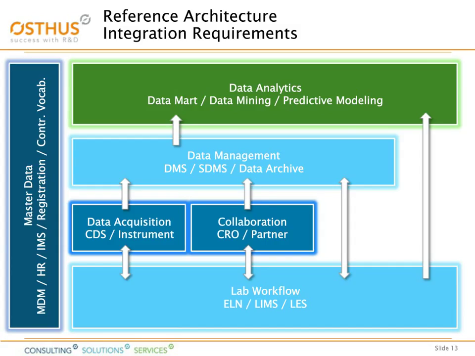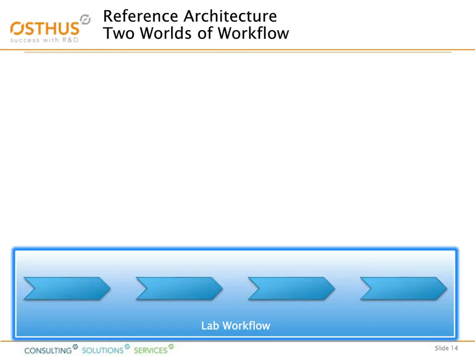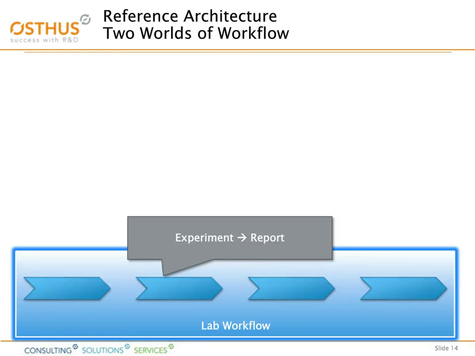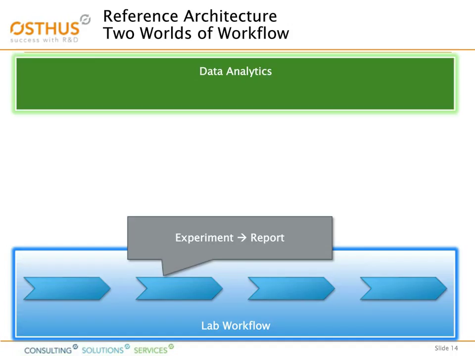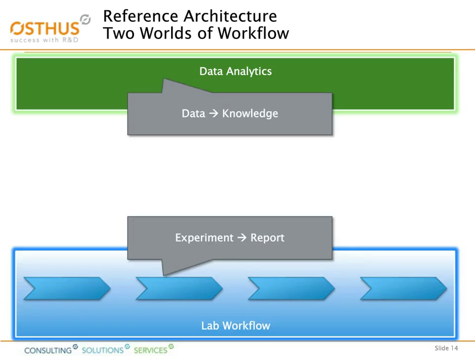So let's go a bit more into detail. As I said, I would like to look at the two worlds of the lab workflow and the data analytics workflow. How do they meet? Well, in the lab workflow, that's where the data is generated. You make an experiment, you write up a report, or you write up a summary. Then you have your data analytics, which needs that information to turn data into knowledge.